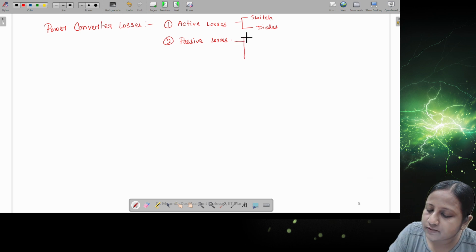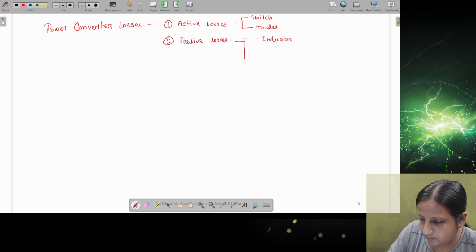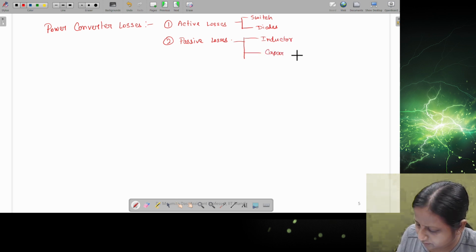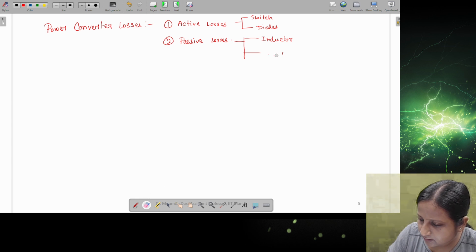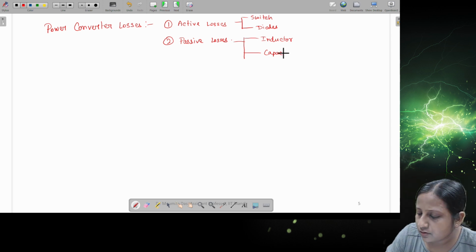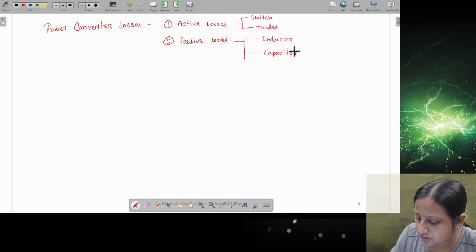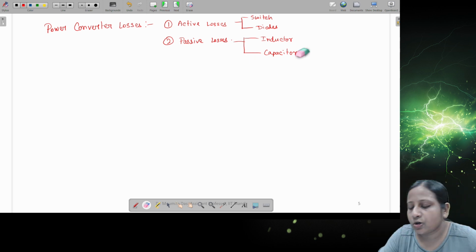And the passives will be the inductor and capacitor, mainly these two, because resistance is not an actual component. These are the parasitics, basically due to ESR or inductance, so parasitic resistances can be present, but other than that these two components mainly come into the picture.